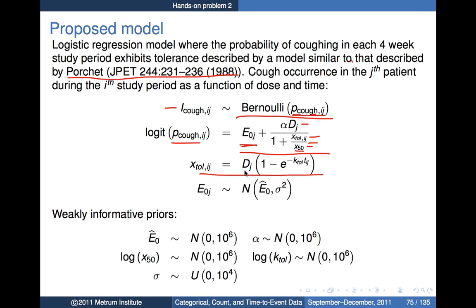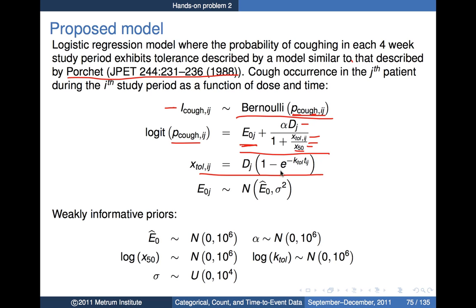And you can see it's just set up in such a way that it actually starts out at 0 at time 0, because this term on the right would just vanish when t_ij is equal to 0. So at baseline, or at time 0, it's saying the dose response would be a simple linear one.